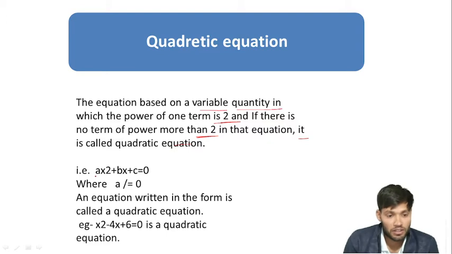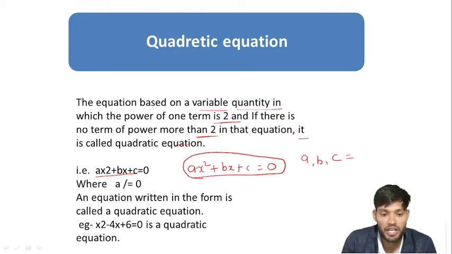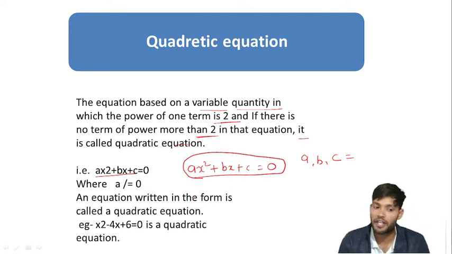What is the format? ax square plus bx plus c is equal to 0. This is the standard format of a quadratic equation, where a, b and c have different values and x is a variable. An equation written in this form is called a quadratic equation.